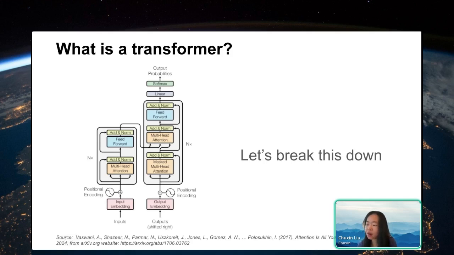And then it outputs the next token, or it predicts the next word. Starting from the bottom, when we have inputs, let's say a book, the first thing we need to do is to convert it into numbers. So that comes the input embedding and the positional encoding, on the left bottom side of the slide.